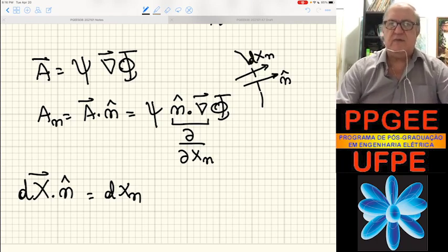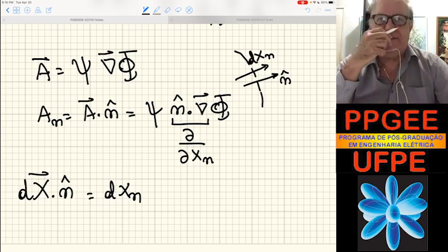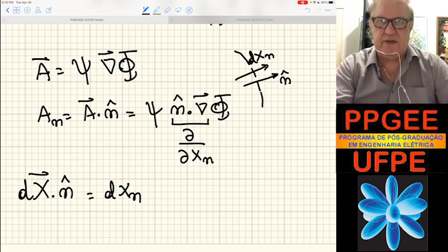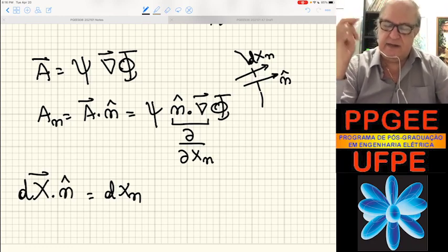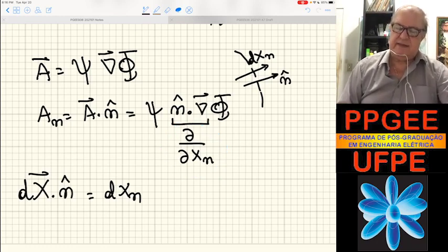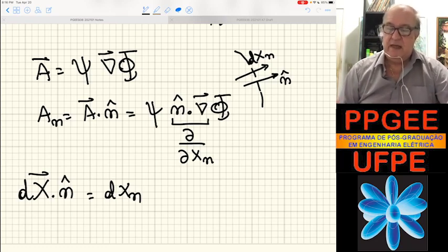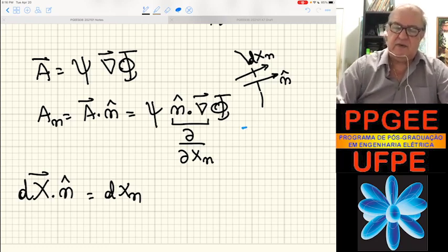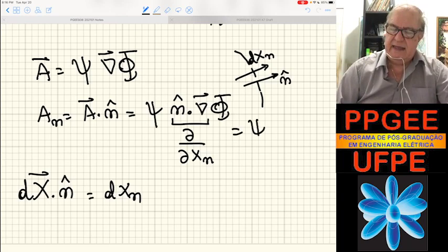Every point on the surface is represented by x normal, and the differential is dx normal. And x normal is the differential length, because x is in the geometrical space, Euclidean space, right? So we have that derivative. So that's essentially equal to psi d phi dx_n.